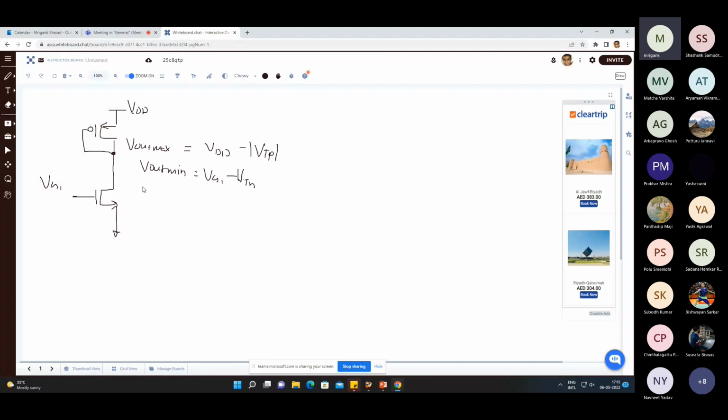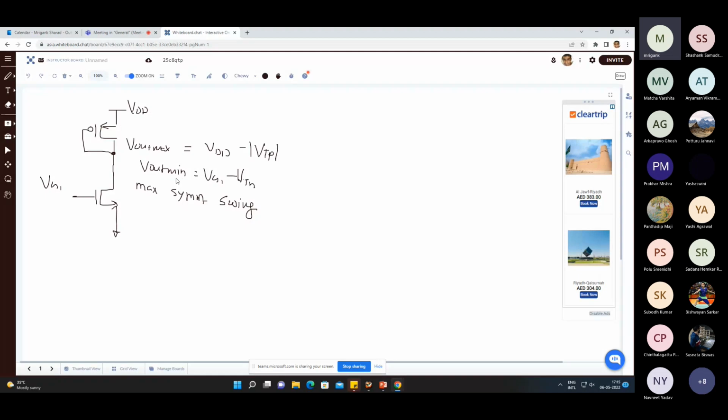But now, how do you go for the max symmetric swing? In order to get the max symmetric swing, what is the constraint that comes, that we should also be aware of? If you have max symmetric swing, we would like to keep it midway, Vout max plus Vout min by 2.